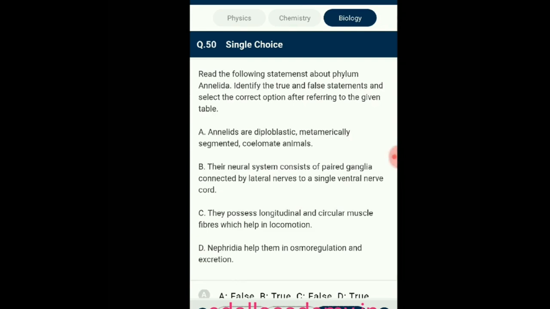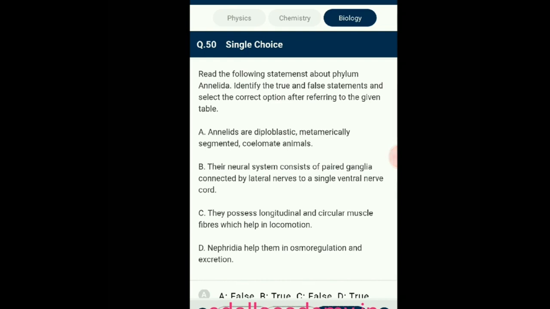Question number 50. Read the following statements about phylum Annelida. Identify the true and false statements and select the correct option after referring to the given table. Annelids are triploblastic, metamerically segmented and coelomate animals. Their neural system consists of paired ganglia connected by lateral nerves to a double ventral nerve cord. They possess longitudinal and circular muscle fibers which help in locomotion.